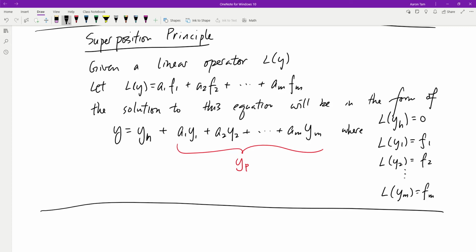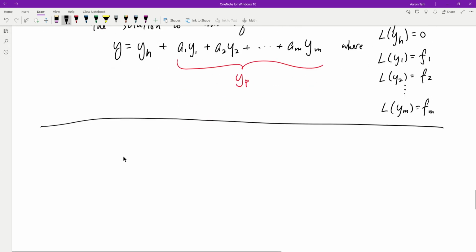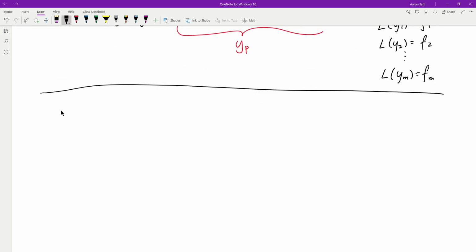So how about we look at a very simple example. Suppose I ask you to solve this equation: y double prime plus 2y prime plus y is equal to e to 3x plus 1.